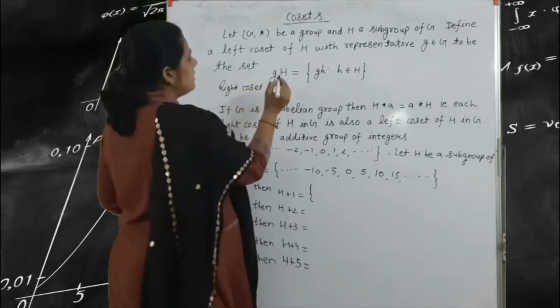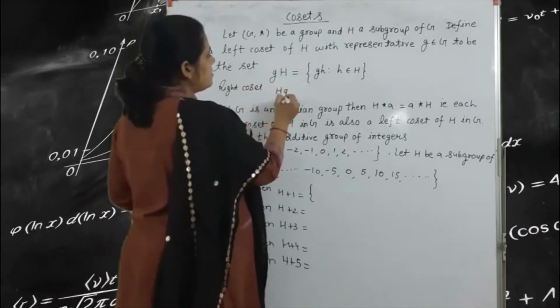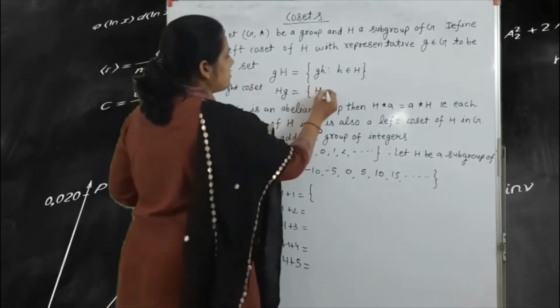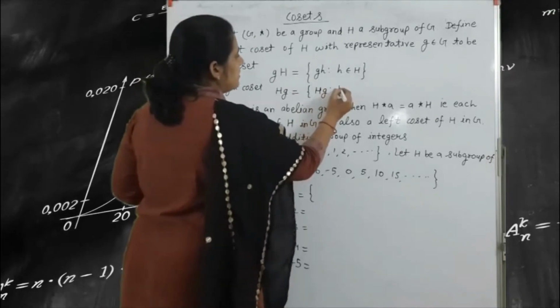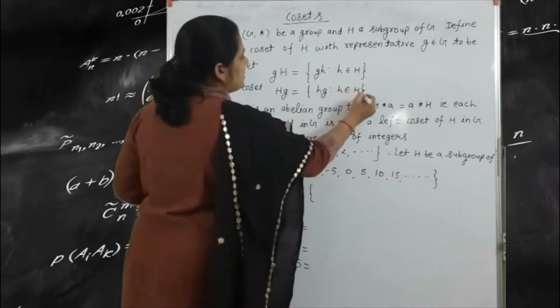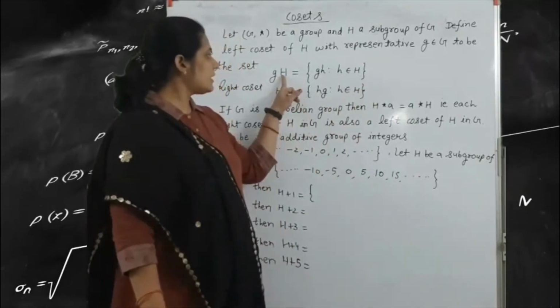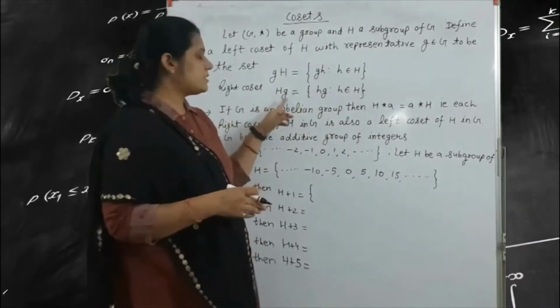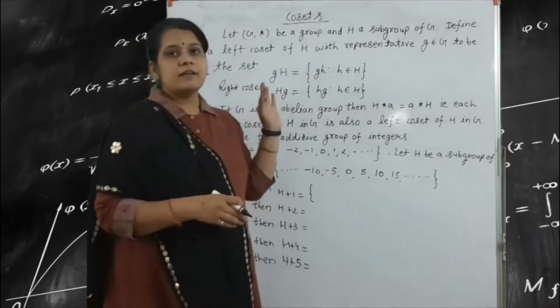Capital H small g is equal to small h g such that h belongs to capital H. That is, h on the right hand side is the left coset, and h on the left hand side is the right coset.